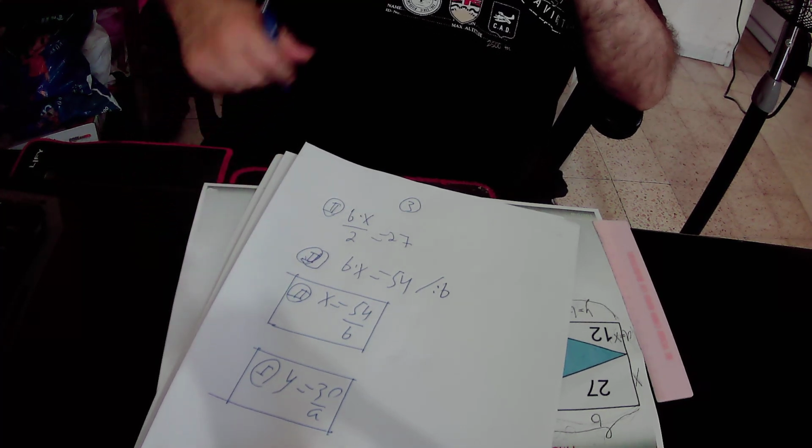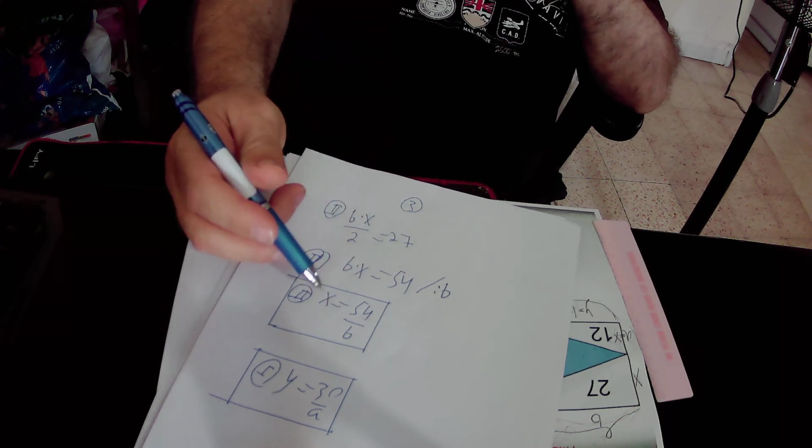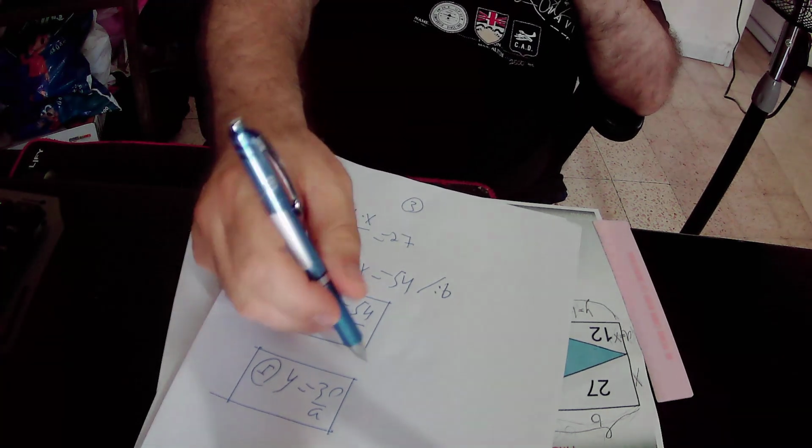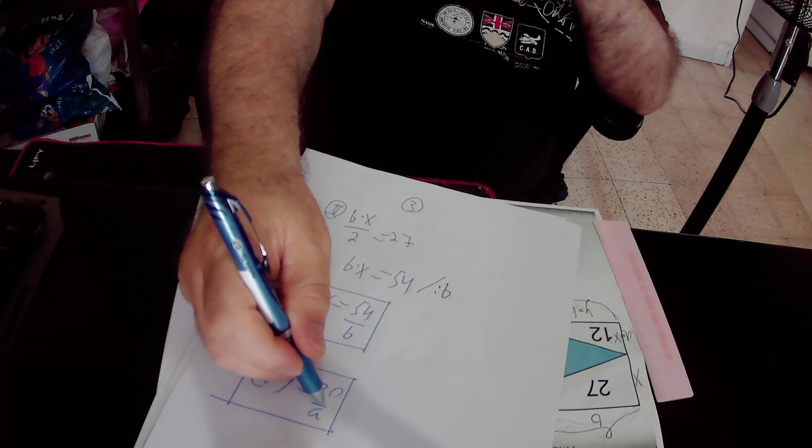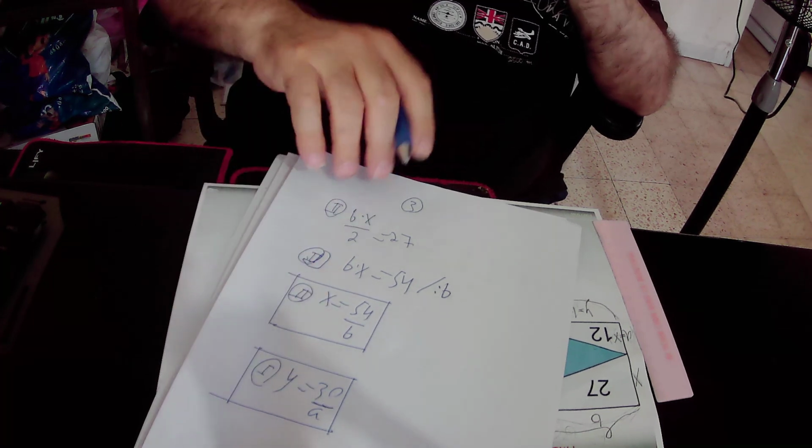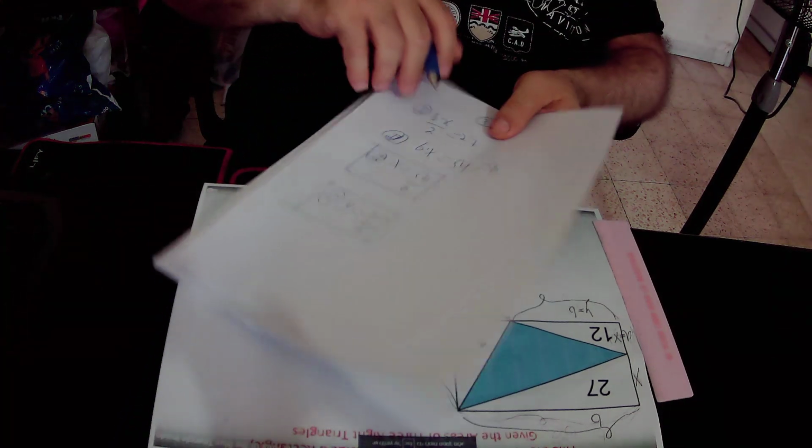In the next step we will substitute x by 54 over b and y by 30 over a in the third equation. Okay, so we'll do it now.